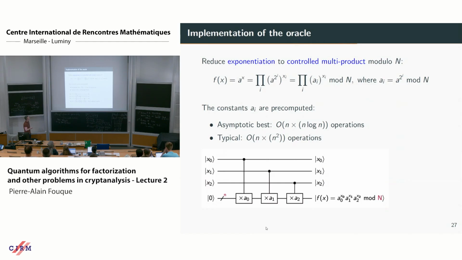And here, if x1 is a 1, we apply this function. Otherwise, we don't multiply by x1. And here also it is the same. At the end, we have computed this function. So you can see that we can compute this controlled multi-product just by using these different gates, controlled by the bits of the exponent x.